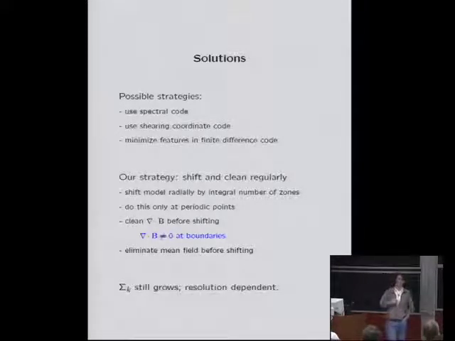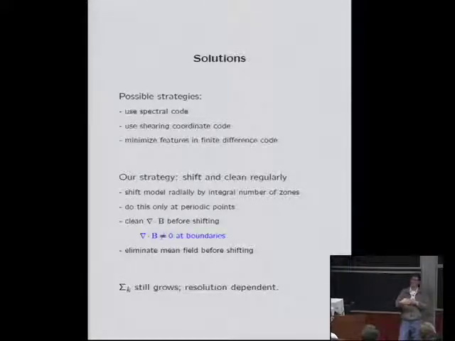Now, why is there a divergence of B, you might ask, if we're using constrained transport? The answer is that all the shearing box codes have a feature at the boundary, which is related to the shearing box boundary conditions.